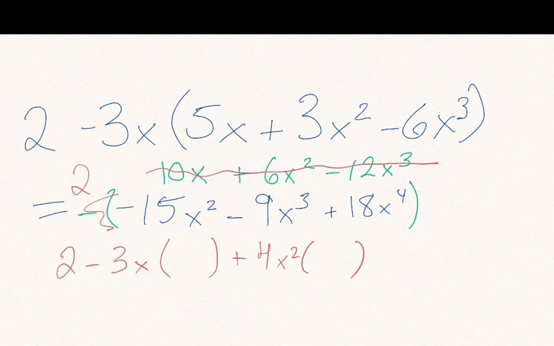Because if this is not clear, then you're always going to have a hard time arriving at the correct answers. So it's 2 minus 8, but when we are multiplying, this is one thing, this is one thing, this is one thing.